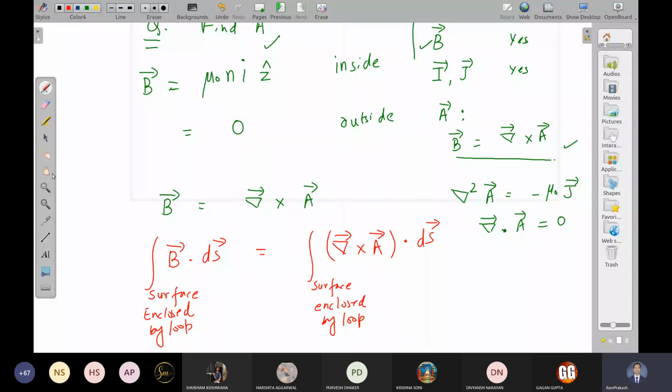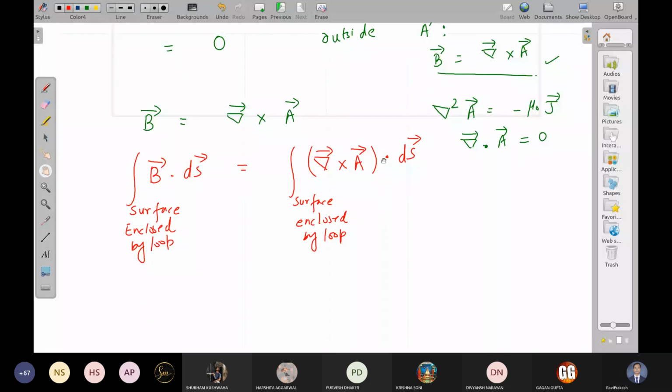Curl of something का surface integral. If I apply Stokes theorem to this, what do I get? A dot dl. Circulation. A dot dl, right?